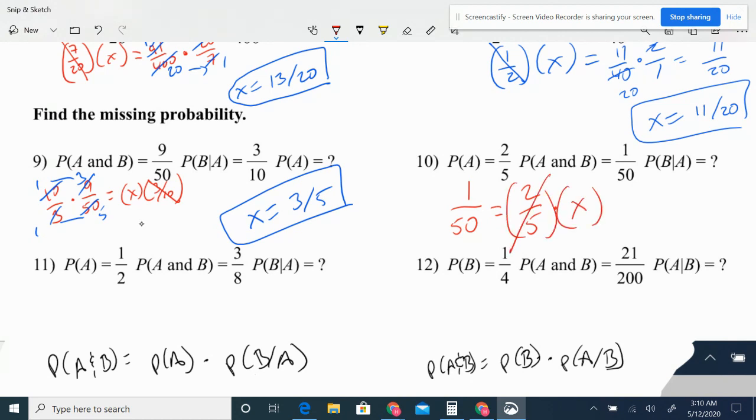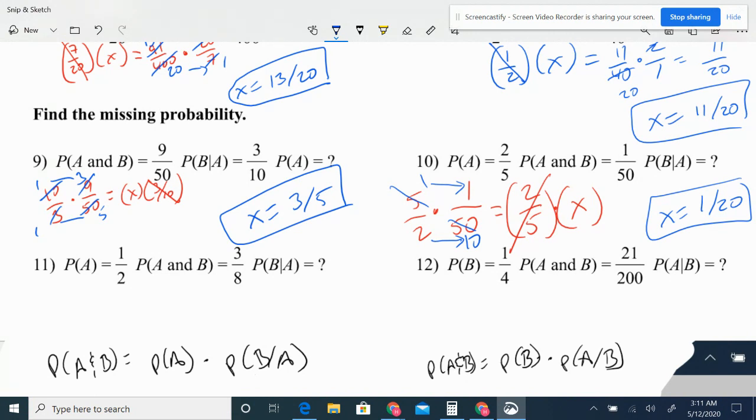So I'm going to divide by 2/5, which is basically saying I'm going to multiply it by 5/2. Let me simplify my fraction. So I'm going to get that X is equal to 1/20. Remember, multiply that 1 times 1 and 2 times 10.